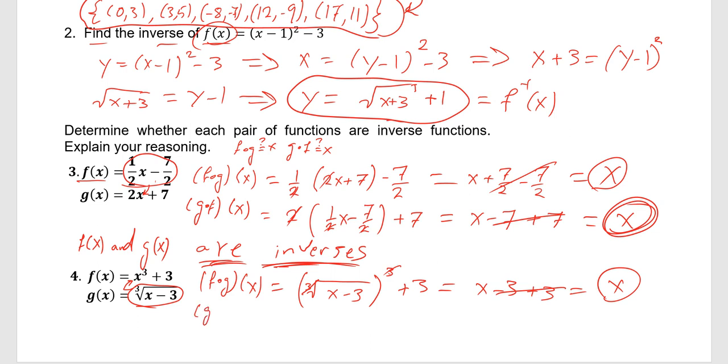And we do the same thing for g of f, which means we take the entire expression for f of x and we plug into the x's in g of x. So g of x is the cubic root of x minus 3, but then for that x we take the x cubed plus 3, which is f of x, then minus 3.